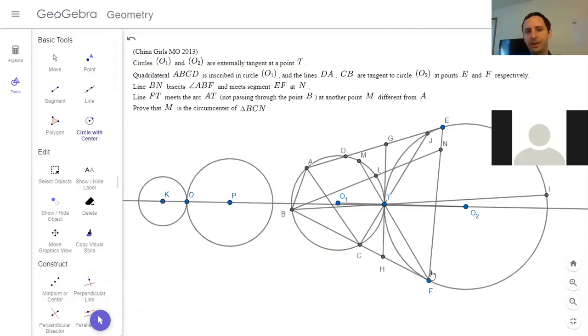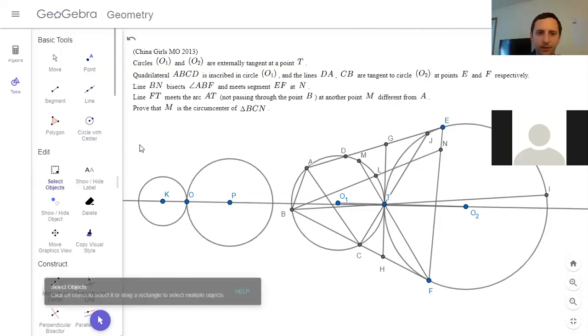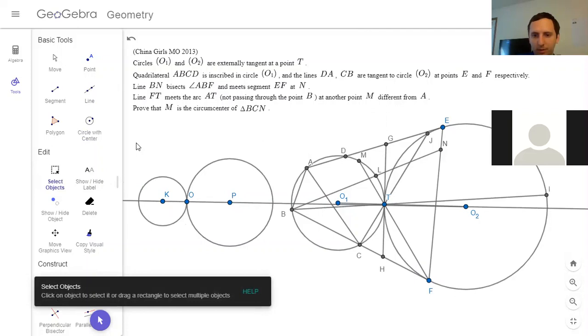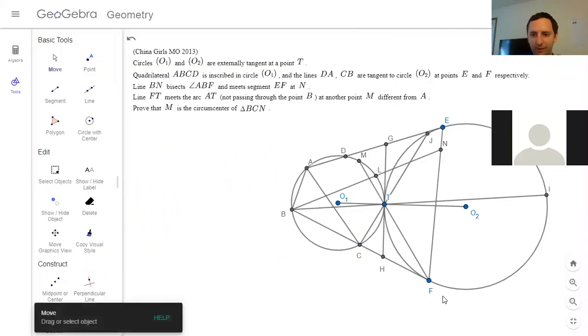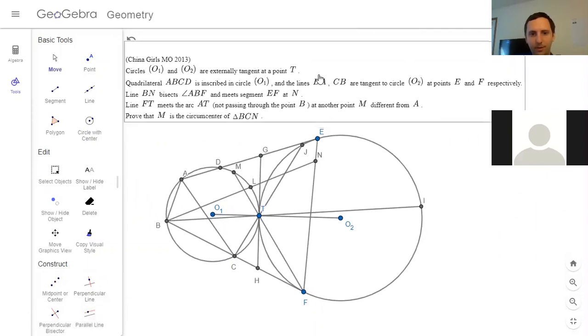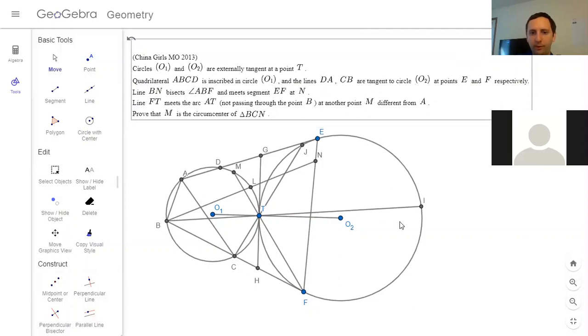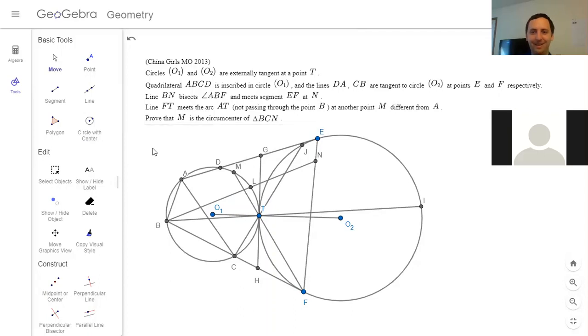Oh, because I need BC to be tangent, so I don't really have that much flexibility. It's not as flexible of a situation as I thought. My bad. But thanks for catching that. Yeah, you can't just move O2 left and right because then BC would no longer be tangent. I missed that. Okay.